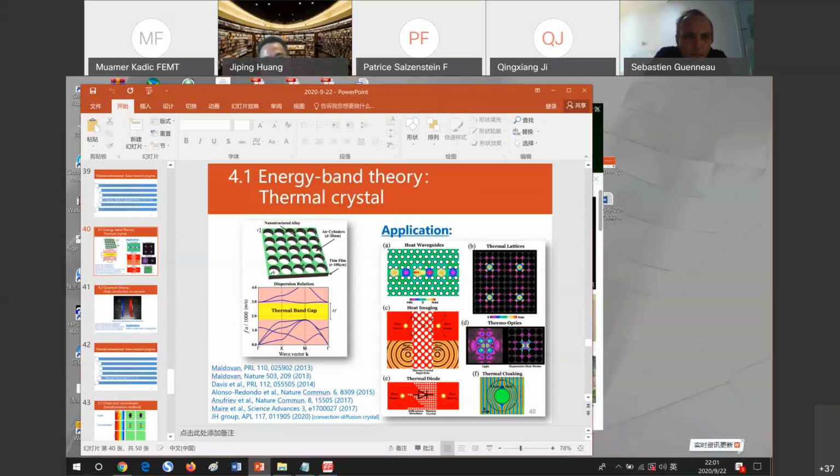As a result, he can calculate the elastic equation in order to obtain this dispersion relation. And then we can reproduce the similar phenomenon of the photonic structure. So this is my understanding. I'm not sure if it is exactly what you are looking for, or do you have other comments?